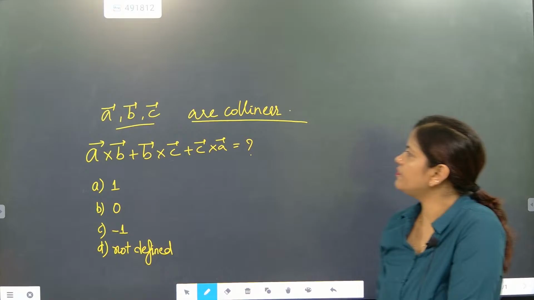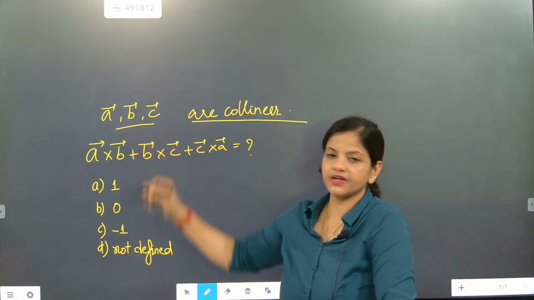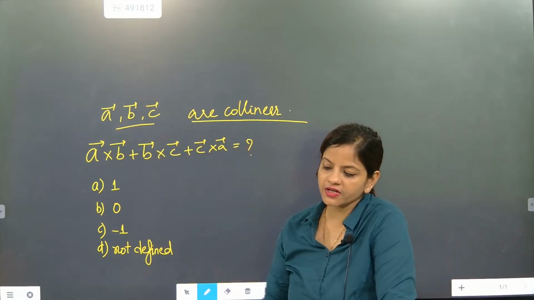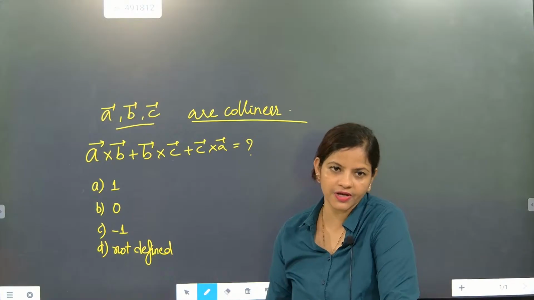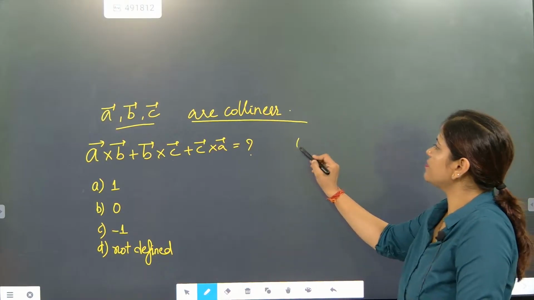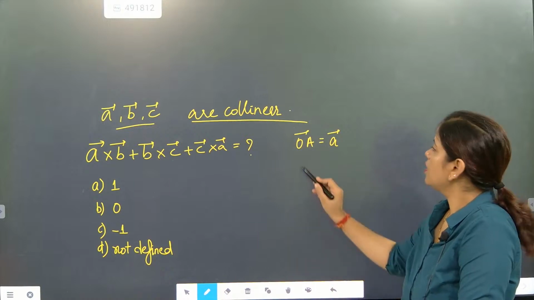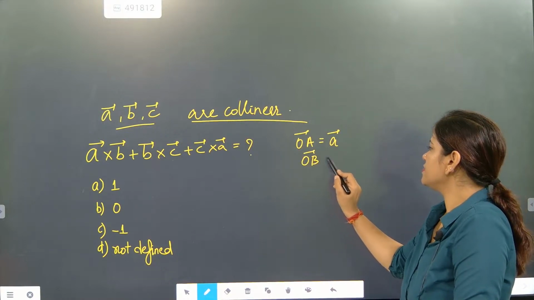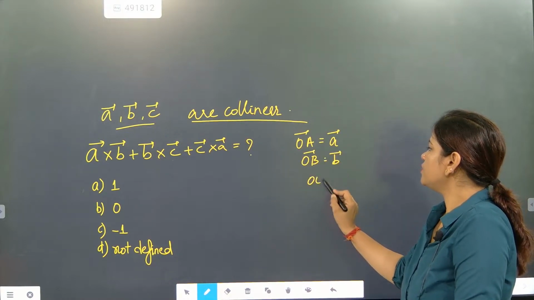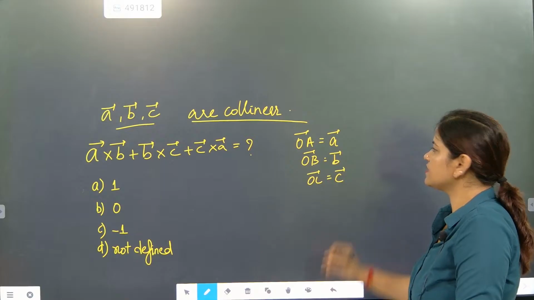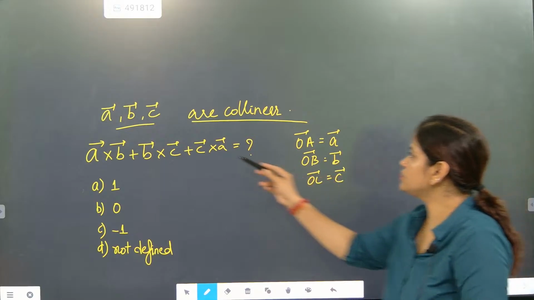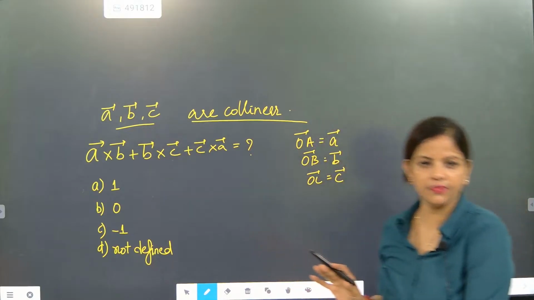So we will do one thing, we will take them as position vectors. So OA vector will become A vector, OB vector will become B vector, and OC vector will become C vector, like this. Because if we take the position of A, B, C vectors, then only we will be able to do it.